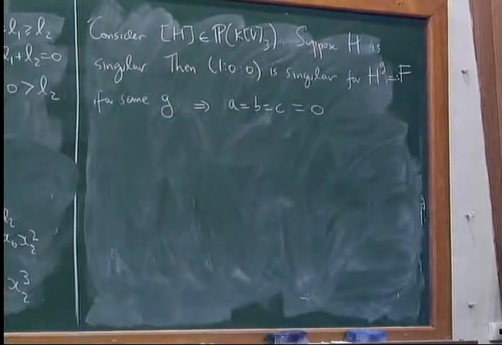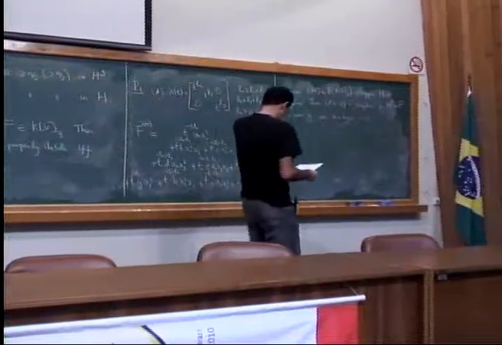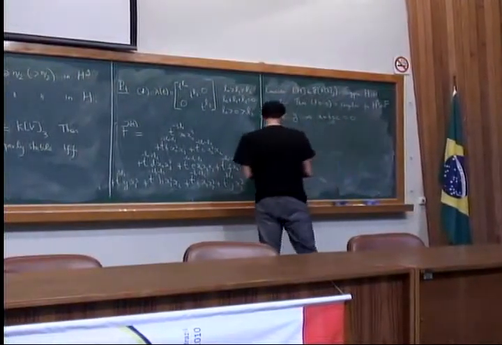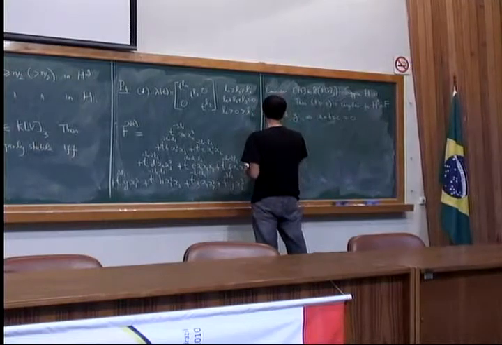So a equals 0 for the point to belong to the curve, and b equals c equals 0 for the linear factors to be 0. Okay? Now, I want to show that the point is not properly stable, so I want to find a particular one-parameter subgroup such that mu is non-positive.